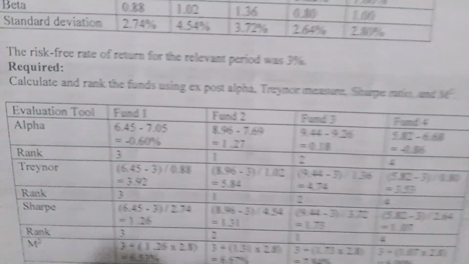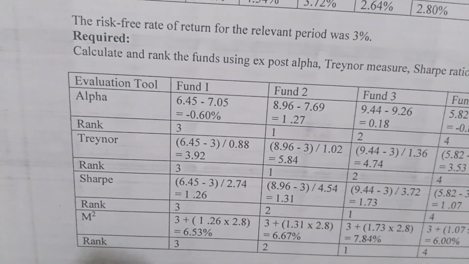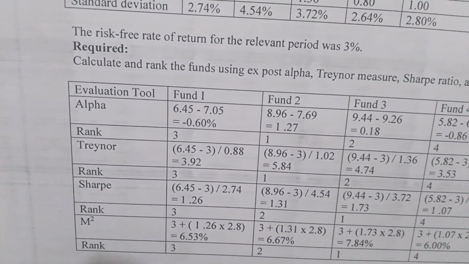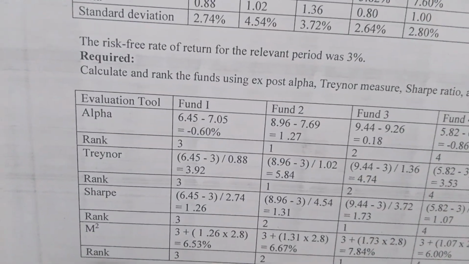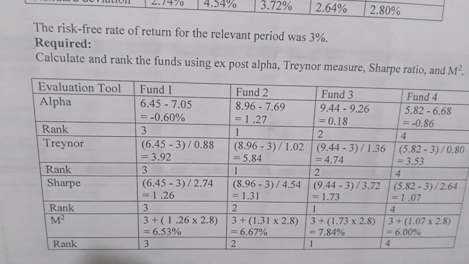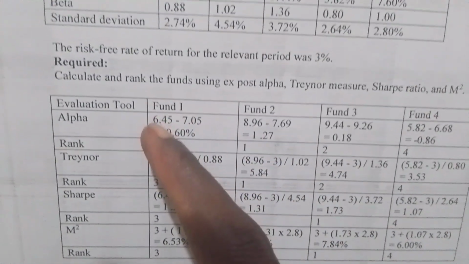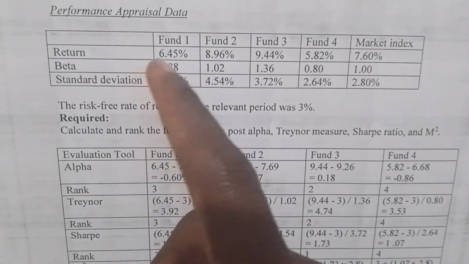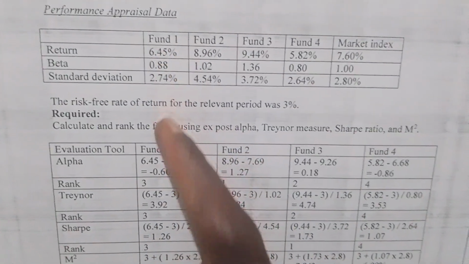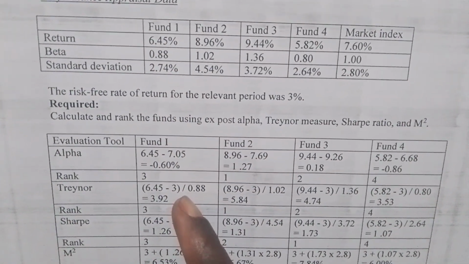Now let's move on to Treynor's measure. We've said Treynor's measure is given by expected return minus risk-free rate over beta factor. Therefore, for fund A, we take 6.45 minus the risk-free rate.